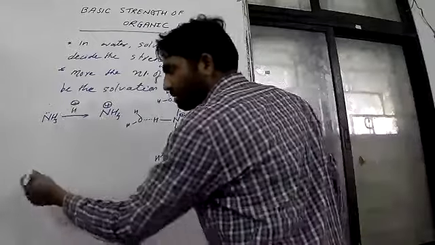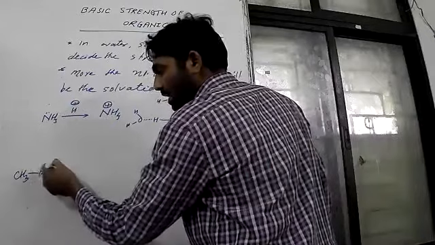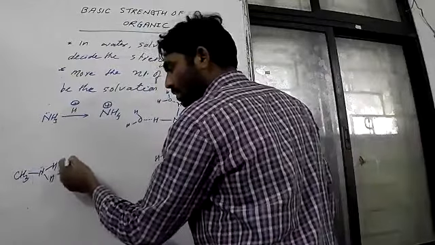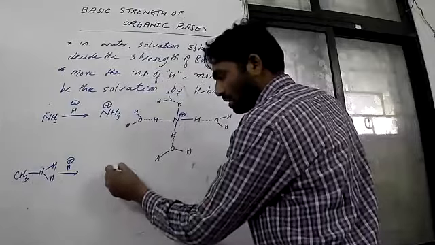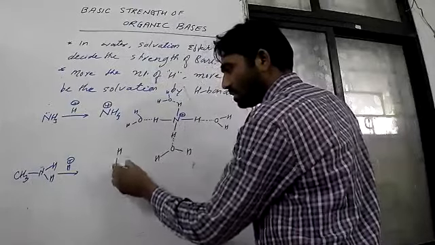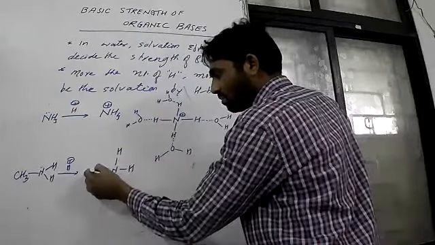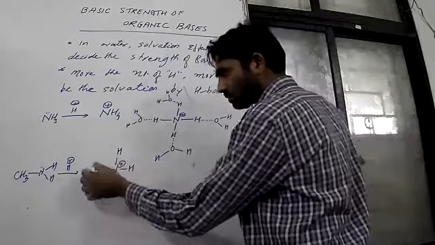Let us go for primary amine, say CH3NH2. When this abstracts the proton, it will form like this: there is a hydrogen, a hydrogen, a hydrogen here, and CH3, or we can write simply R, and a positive charge.